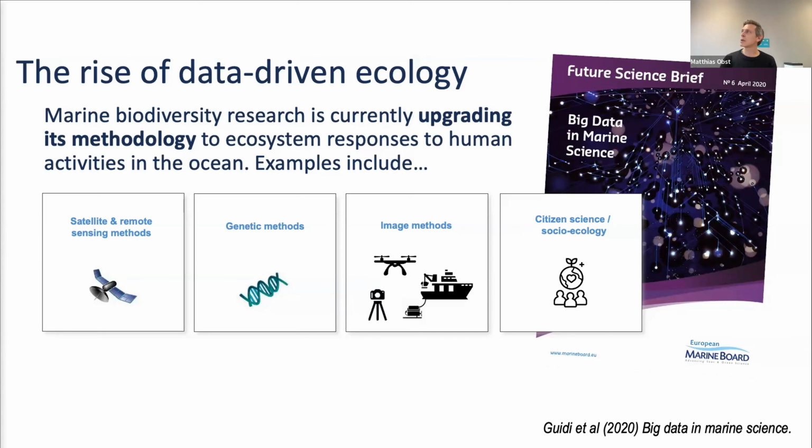In this review we did a few years ago, we looked at what the low-hanging fruits are, what is most tangible to work with in terms of data-driven ecology and also big data ecology. The satellite stuff is very advanced, but you don't see a lot in the ocean from satellites.